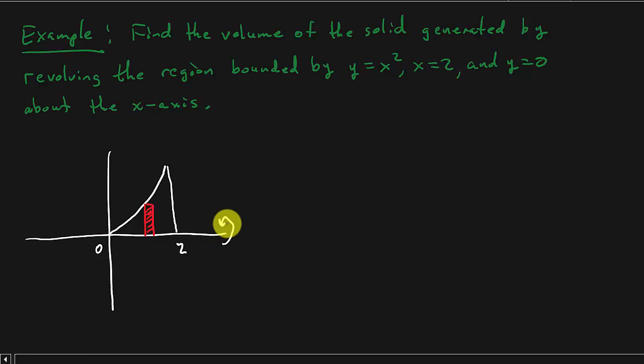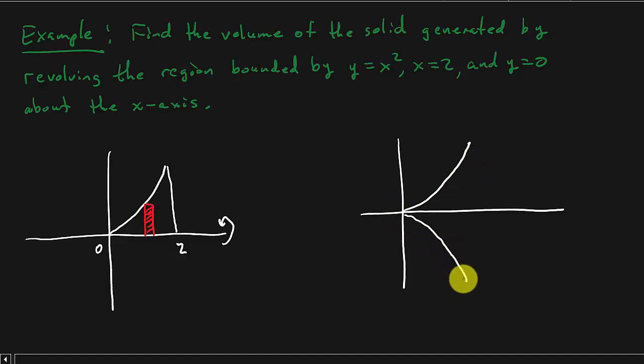This is really all we need. All I'm doing is drawing half of this thing. If I drew the whole thing, and I'm not going to draw the whole thing on all of them, but I will on this one. There's your graph, y equals x squared. If I revolve it about the x-axis, it's going to come down like that. There's my disk, drawing the whole thing, and it looks something like this.